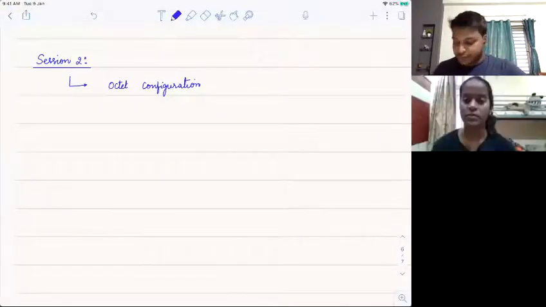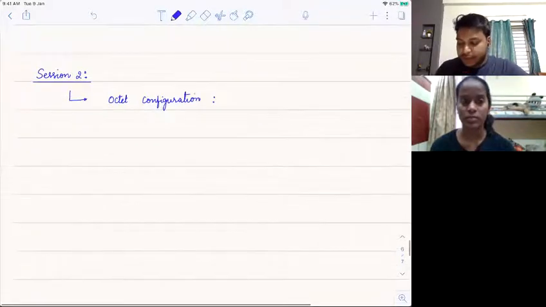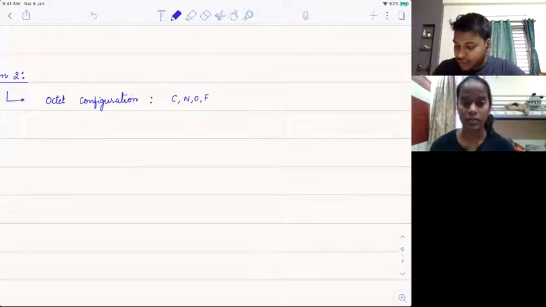So in this session, we will mainly discuss octet configuration. If you see every element starting from carbon onwards, carbon, nitrogen, oxygen, fluorine, and then comes neon, all of these elements are unstable in their atomic forms.